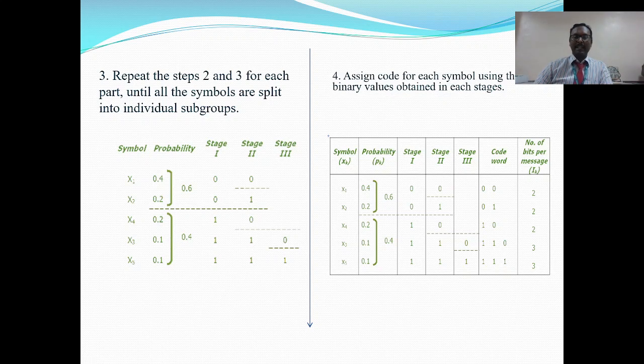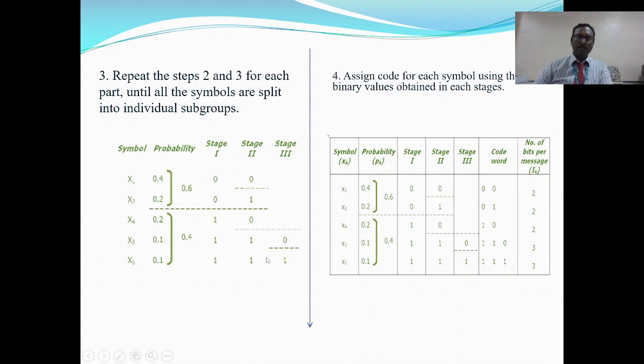The lower category has 0.1 and 0.1, assigned 1, 1. Among the three values 0.2, 0.1, 0.1, the upper one is assigned 0 and the lower two symbols are assigned 1. This is stage 2.